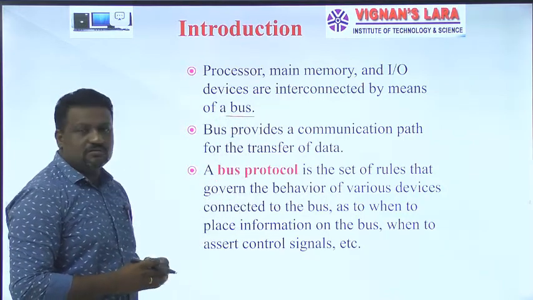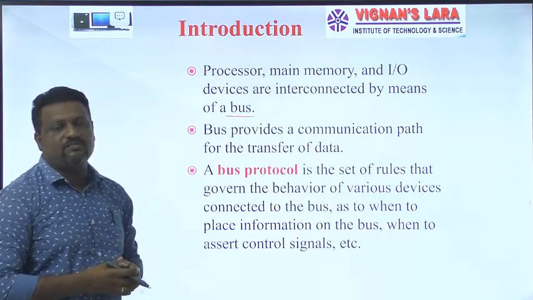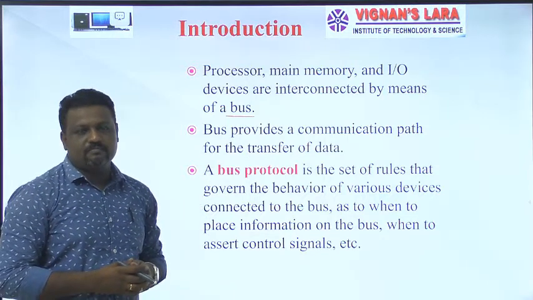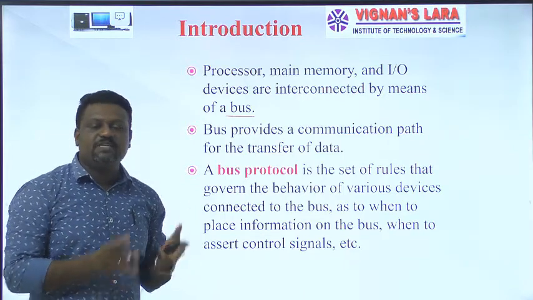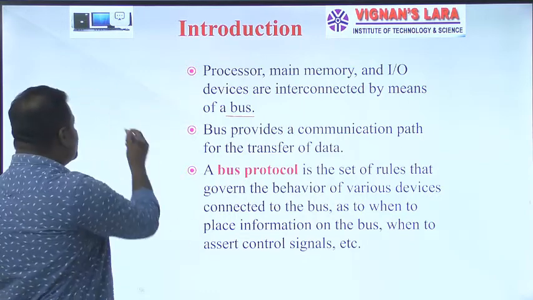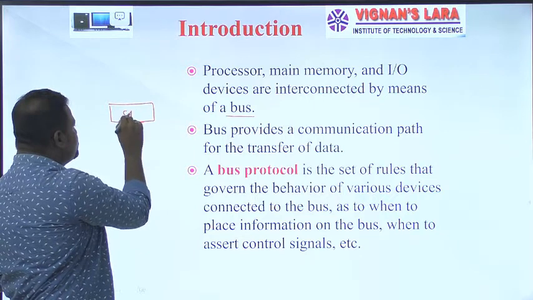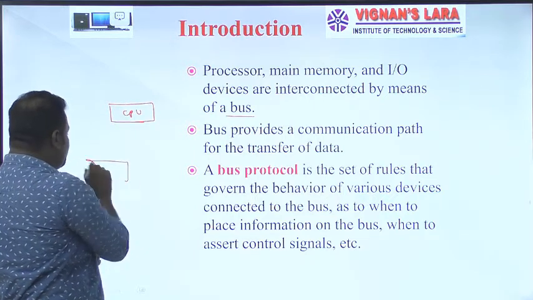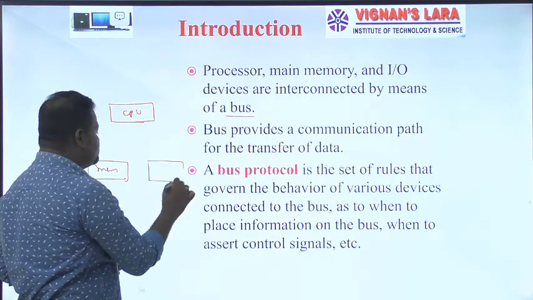What can this bus do? The bus provides a communication path for the transfer of data. The bus transfers the data between the devices which are connected to it. For example, consider your system. The system consists of CPU, memory and I/O devices.